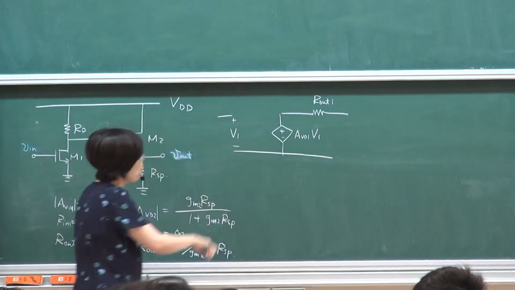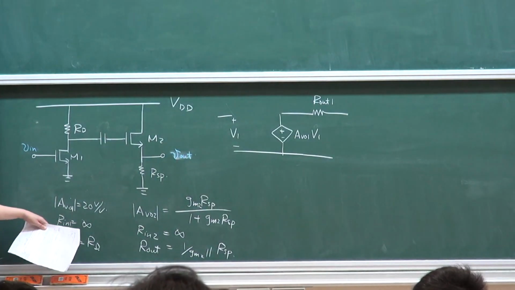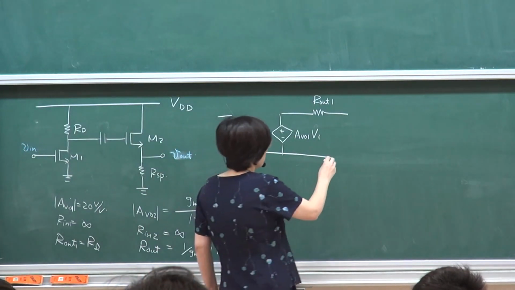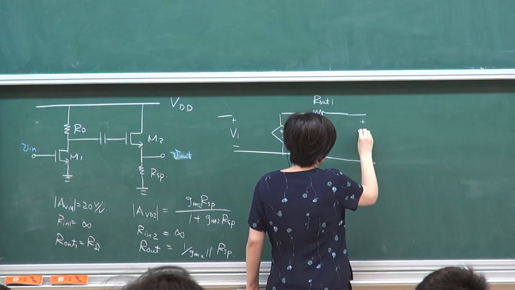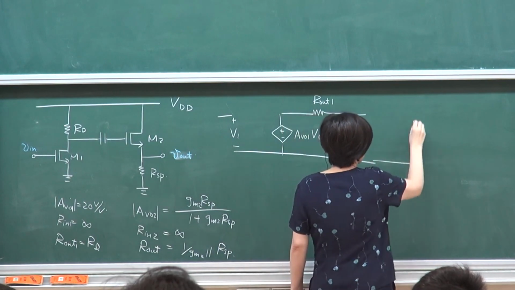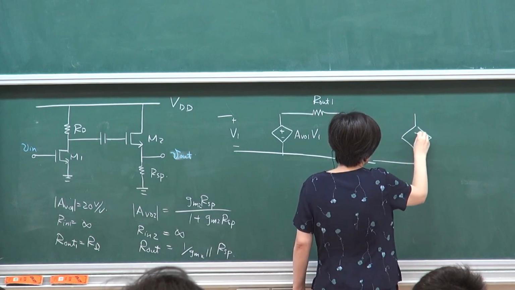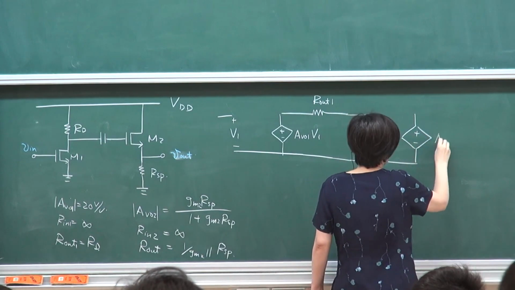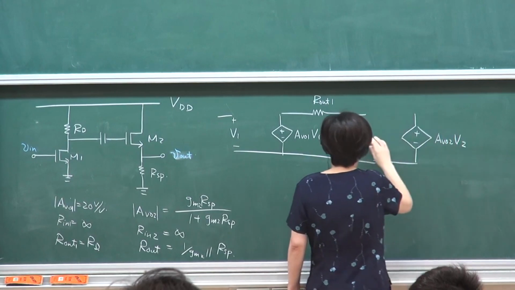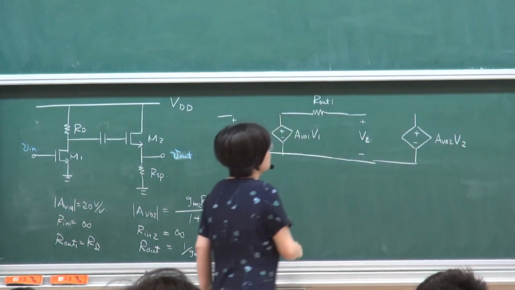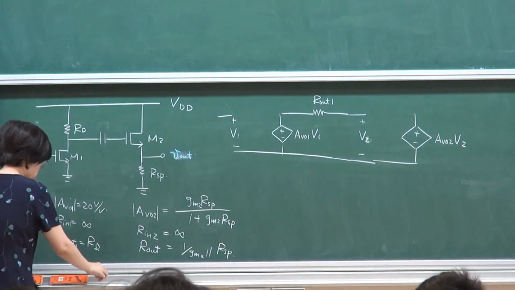This is RIN1. RIN1 is infinite, therefore you don't need to draw it. This would then be connected to another stage, AVO2 times V2.